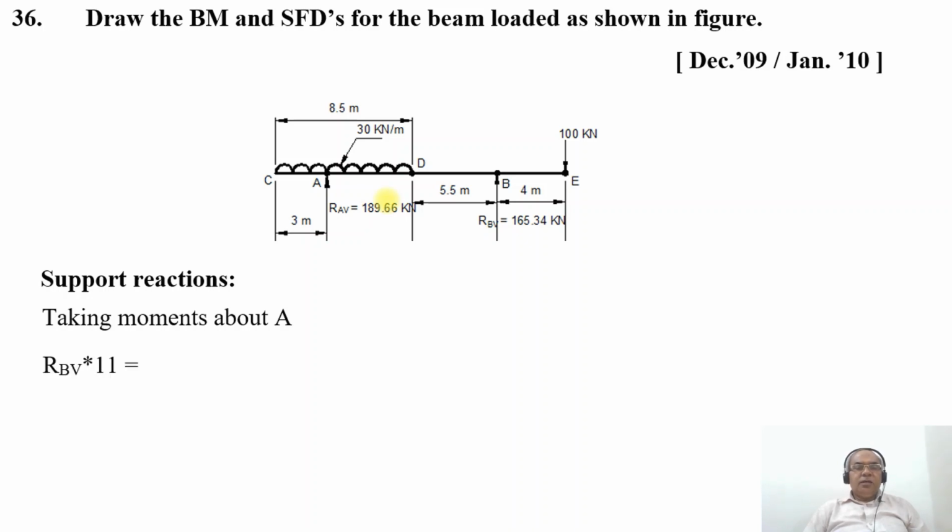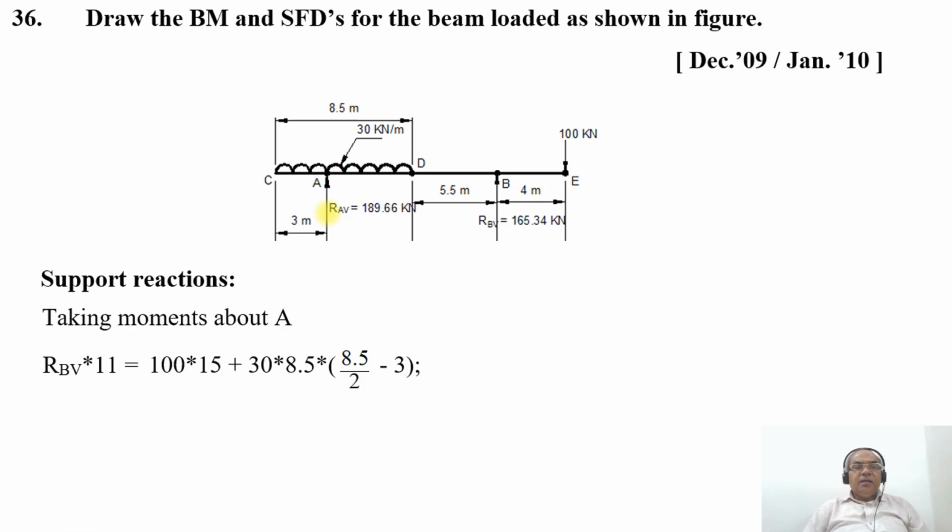So RBV into 11 will be equal to 100 into, here 9.5 plus 5.5, which is 15, plus 30 into 8.5 into 8.5 by 2 minus 3.